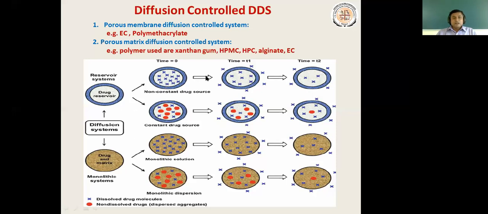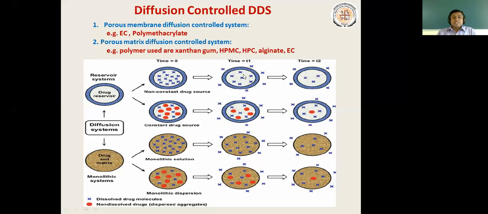When it comes in contact with the GI fluid, this outermost layer swells or becomes porous, and due to the porous nature, there is a formation of small pores.